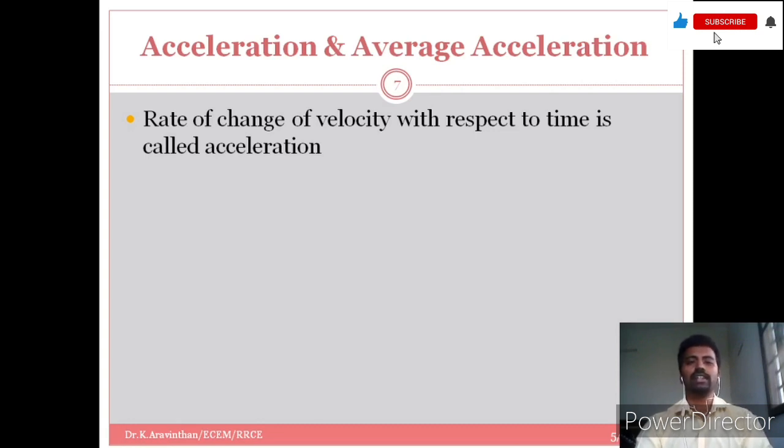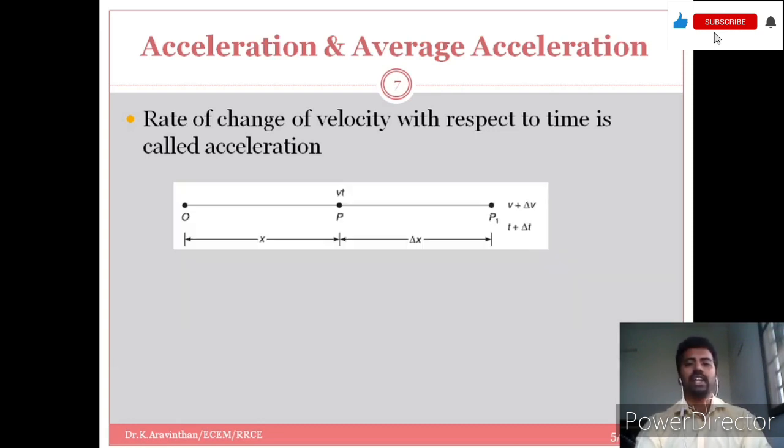Next, the two terminology components, acceleration and average acceleration. If you need acceleration, you have to differentiate the velocity with respect to time. So the rate of change of velocity with respect to time is known as the acceleration. So here, if you differentiate v, the velocity, with respect to time, you will get the acceleration.